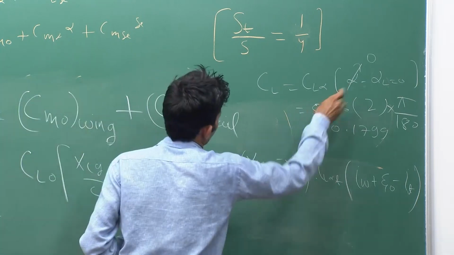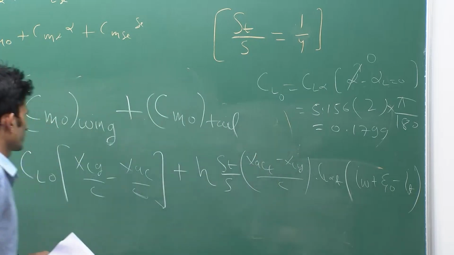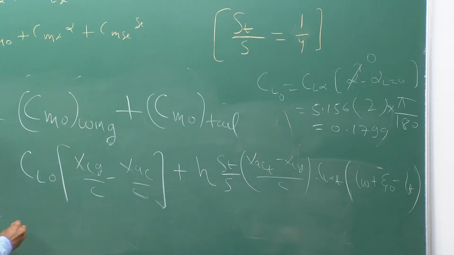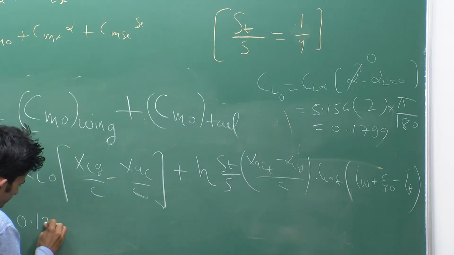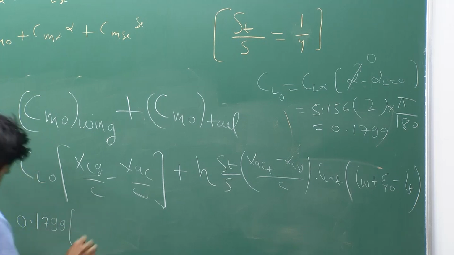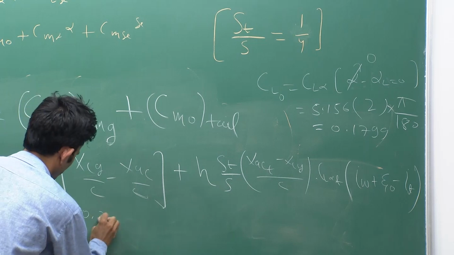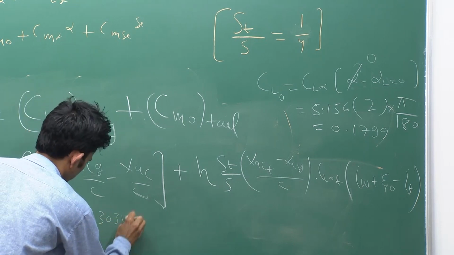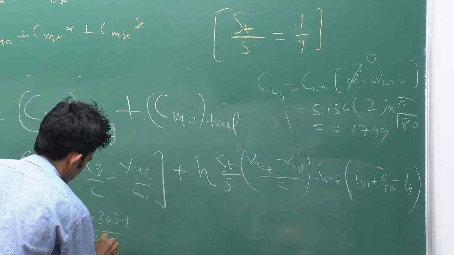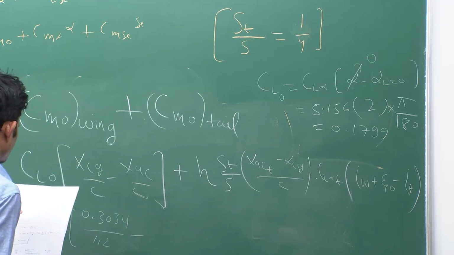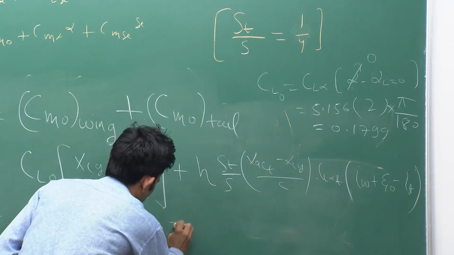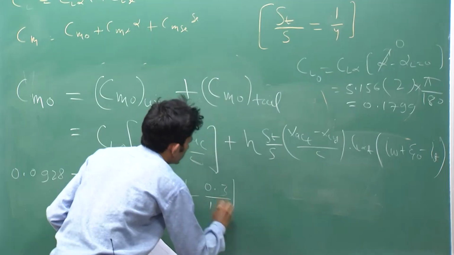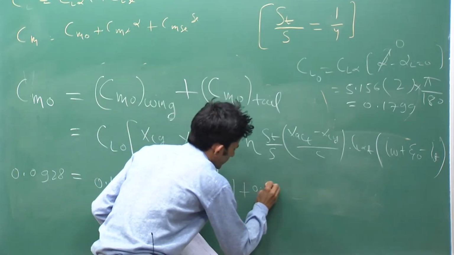If you are putting alpha equal to 0, you have to put naught here. So you can put this value here, 0.1799. XCG you already found out, right? How much is 0.3034 divided by C bar 1.2, minus XAC, which is nothing but 0.3 divided by C bar 1.2, plus 0.89.